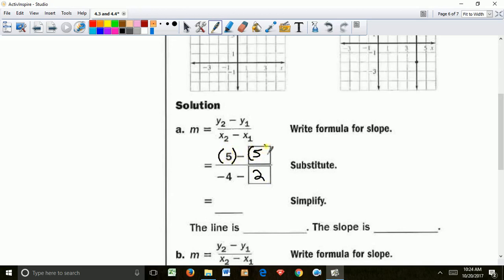Again, not a bad idea to use parentheses. If you simplify that, you get 0 divided by negative 6, which is equal to 0. The line is horizontal. So the slope in this case is 0.